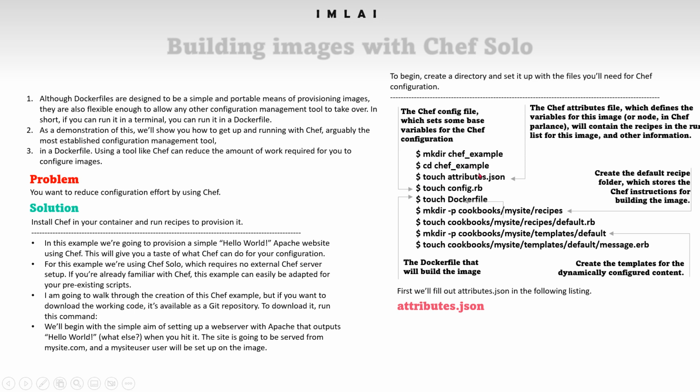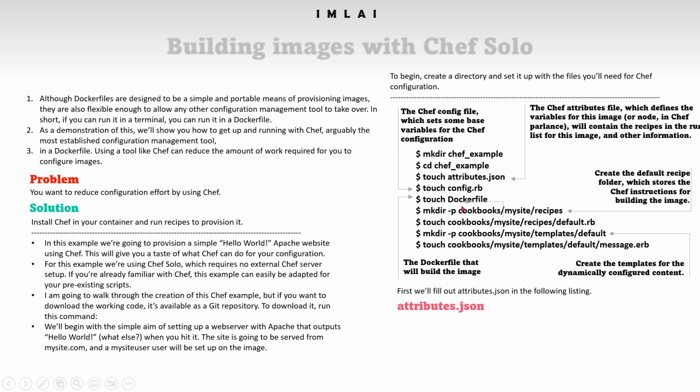We have to write this file, the Chef attributes file, which defines the variables for this image, or node in Chef parlance, and will contain the recipes in the run list for this image and other information. Then we have touch config.rb, the Chef config file which sets some base variables for the Chef configuration.